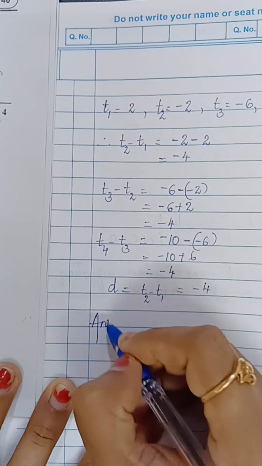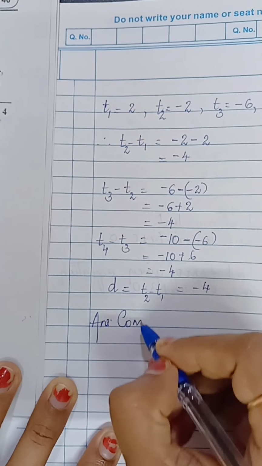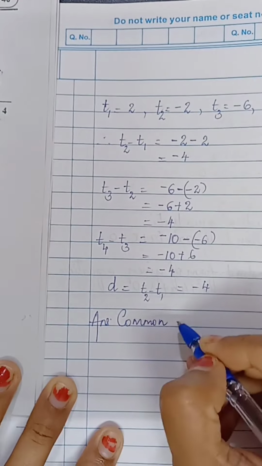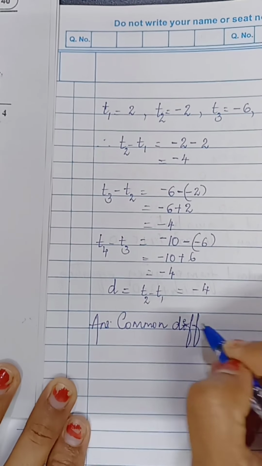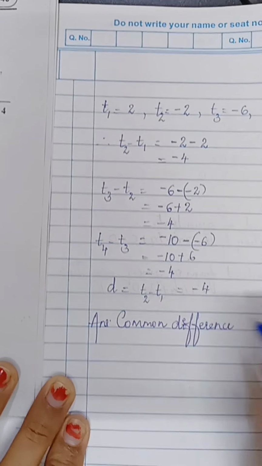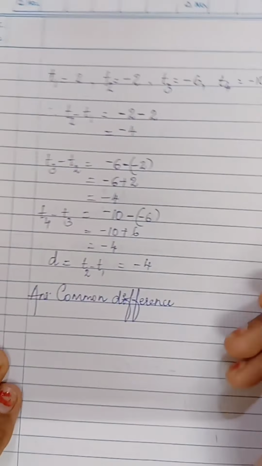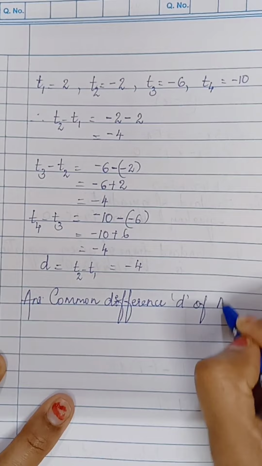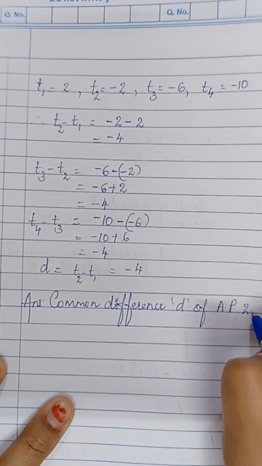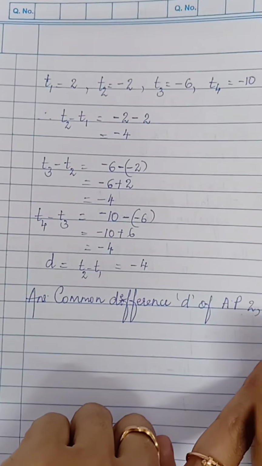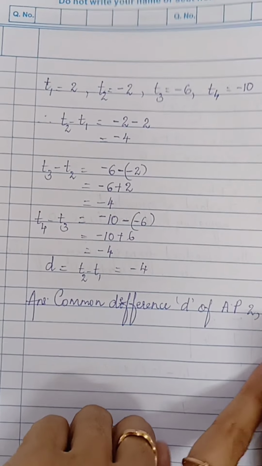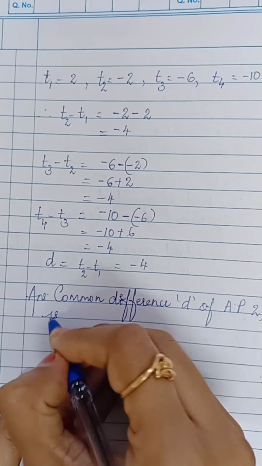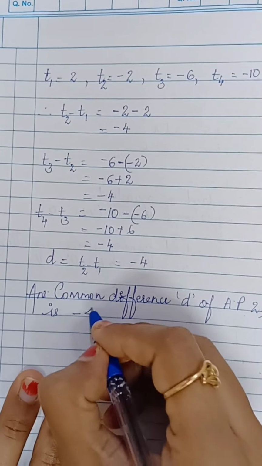Finally, write the answer. Common difference. Children, you have ample time. So calmly, patiently, write: common difference D of AP 2, minus 2, minus 6, minus 10 is minus 4.